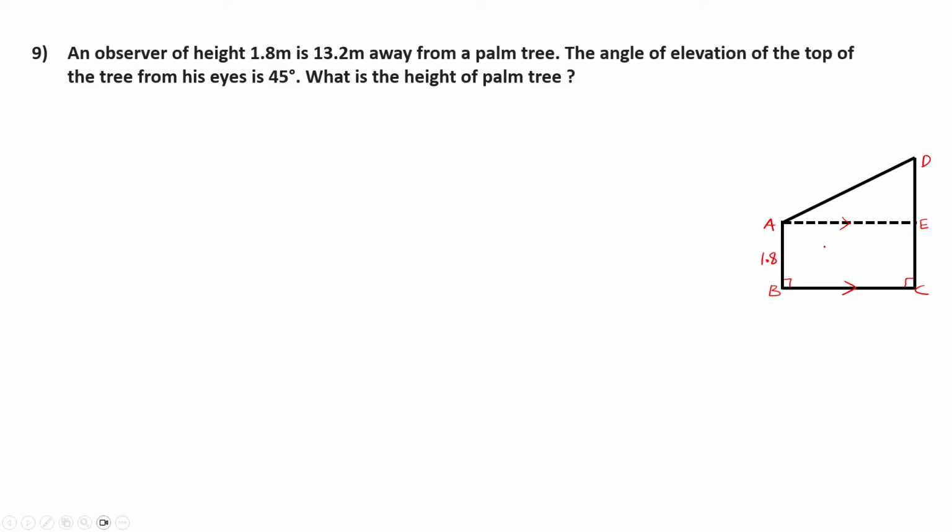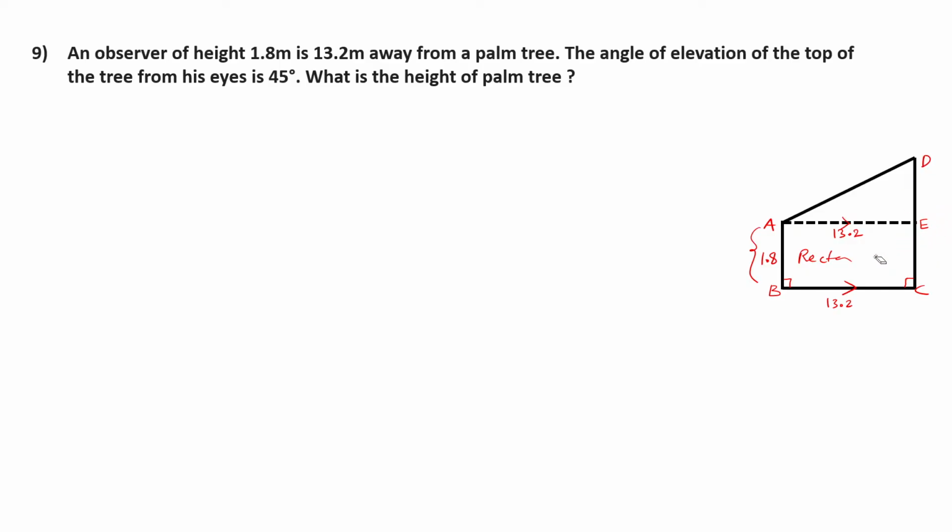So therefore, ABCE became a rectangle, isn't it? That means if this is 13.2 meters, AE will also be 13.2 meters. If AB is 1.8, CE is also 1.8. So up to here we have found the height of the palm. If you can find DE, then add 1.8, you will get the height of the palm tree. Okay, this is that easy.